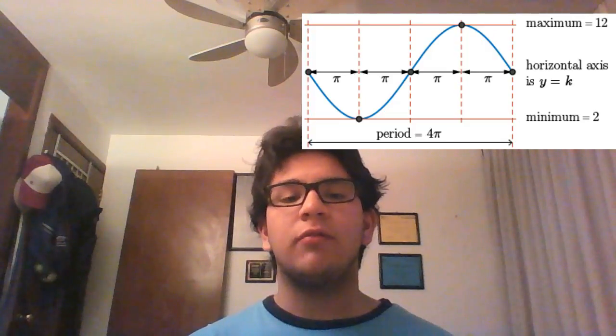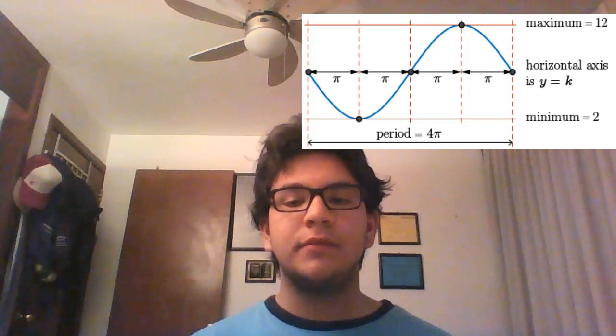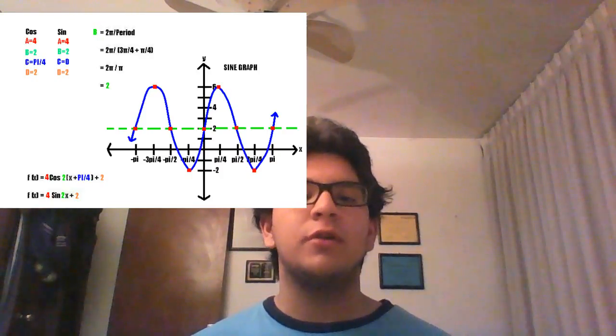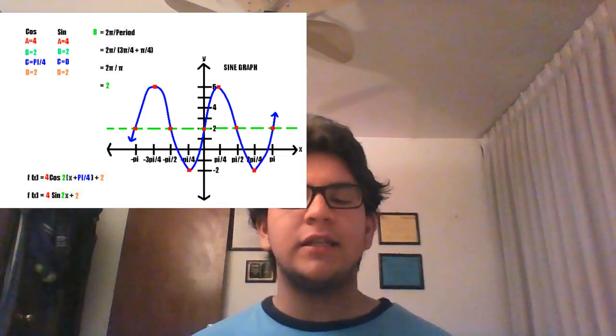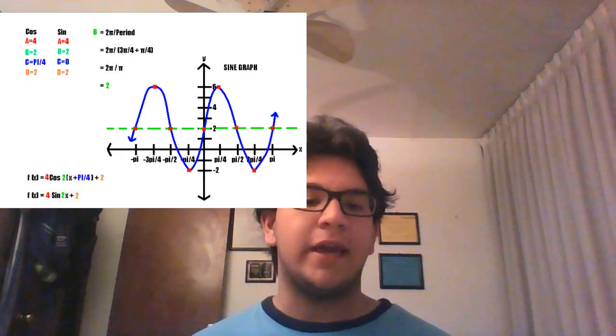So for example, if the complete wave is 2 pi, then our frequency will be 1. If our complete wave is pi, then our frequency will be 2. The complete wave is represented by k, so the frequency equals 2 pi divided by k.